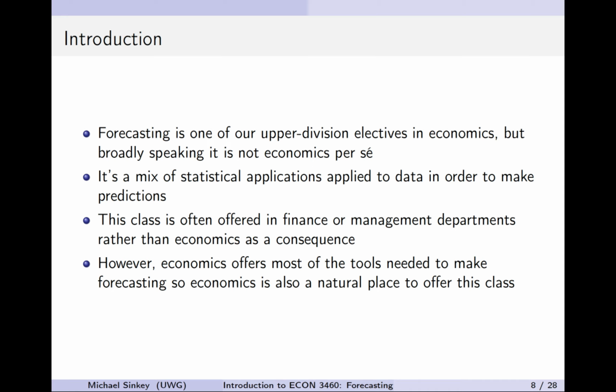So economics does have quite a few tools, and the nice thing about offering this in an economics department is that we can spend a little bit more time on cross-sectional regression, which I think is arguably a more important type of forecasting tool now than maybe it would have been 15 years ago, when it was appreciably more tedious to put together a data set.